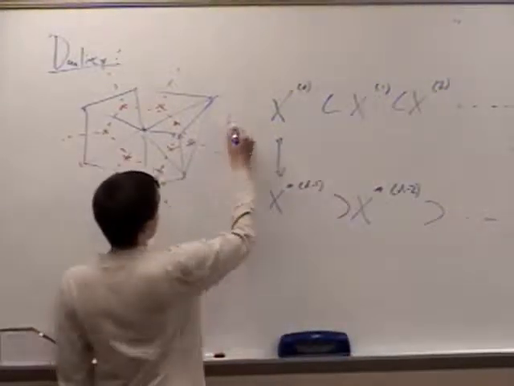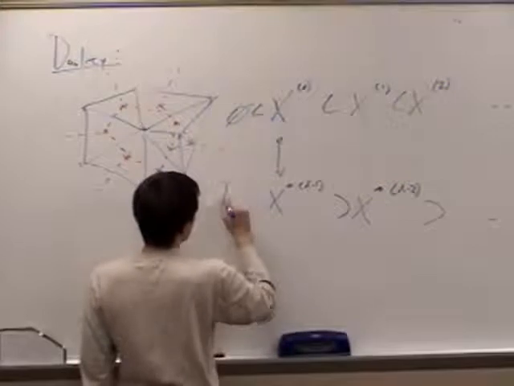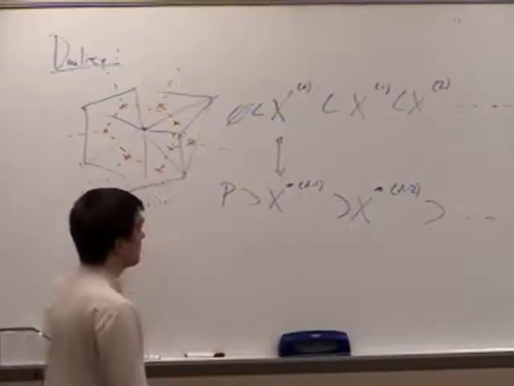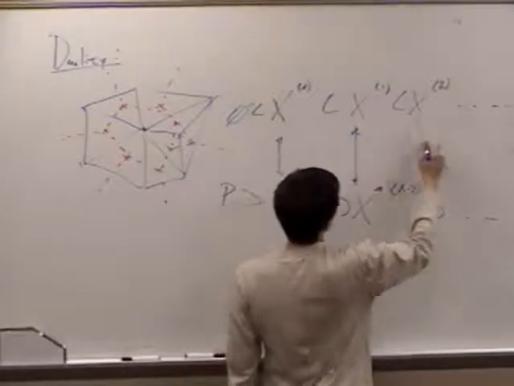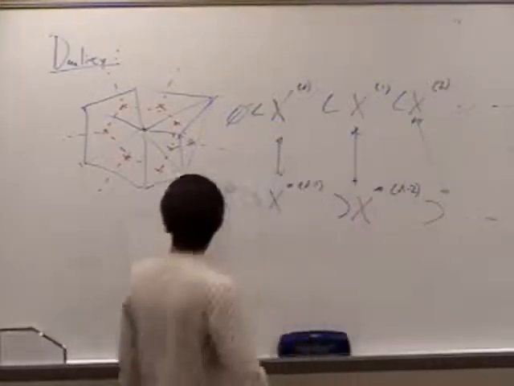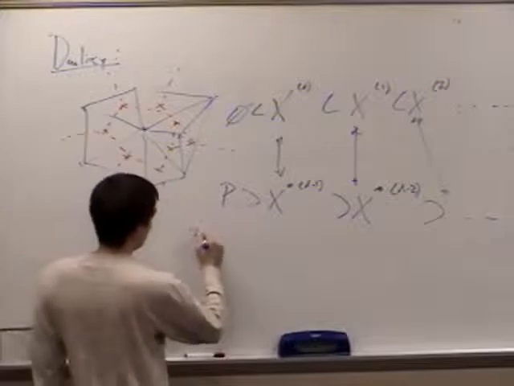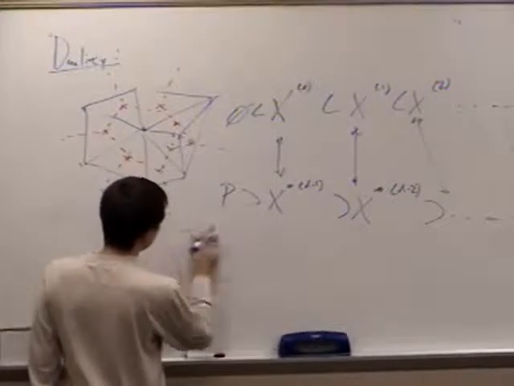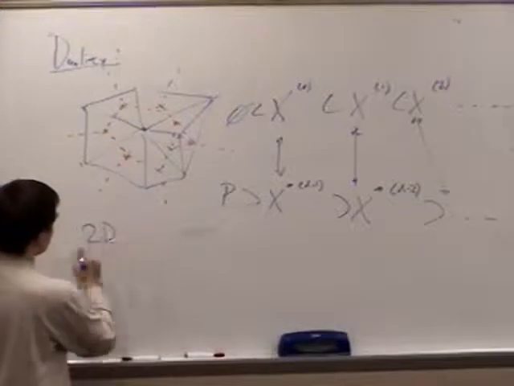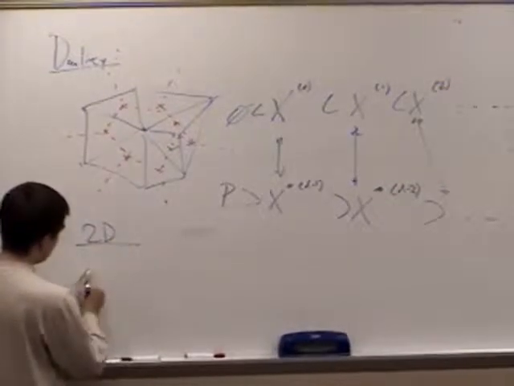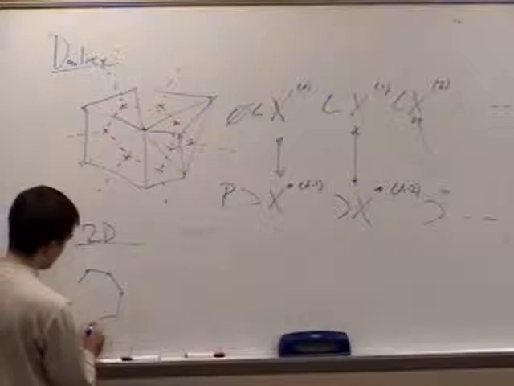And then we'll have maybe, like, say, an empty set here. And then this will be the polytope P, which contains them. So this is sort of how duality draws this. So in 3D, well, let's do it first in the trivial case. So in the trivial case of 2D, imagine you have like a loop like this.